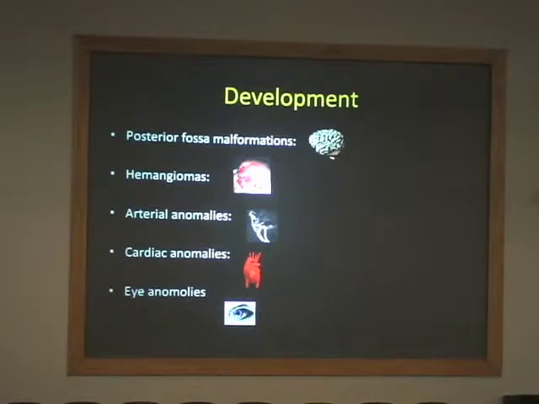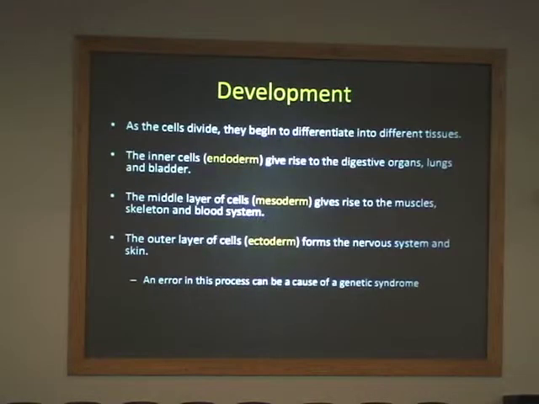And so what could be happening during development that affects all these different organs? Well, just to briefly touch on what happens in development, because a lot of people did ask about this: basically, you start with 2 cells, and then the cells keep dividing, and they make a little ball of cells.